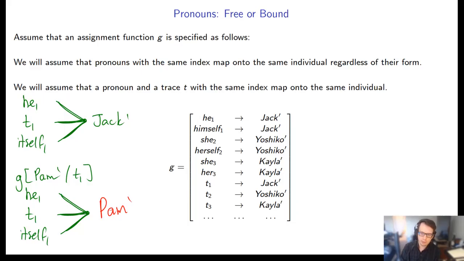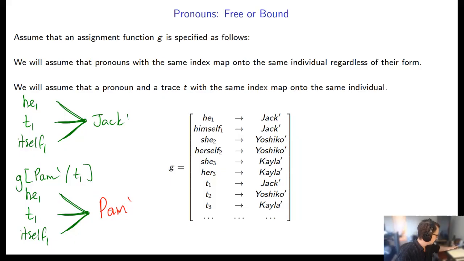So this will be important for handling things like reflexives, like a girl likes herself. And we'll see how that works in a tree. But this is just an important way that the system works.